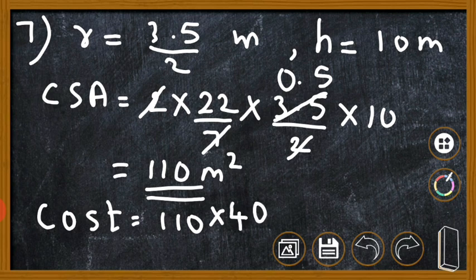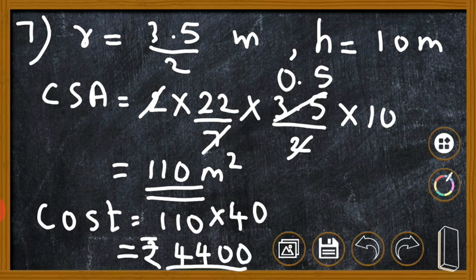So what is the amount? That is equal to rupees 11 into 4, 44, then 2 more 0s. Rupees 4,400. Okay.